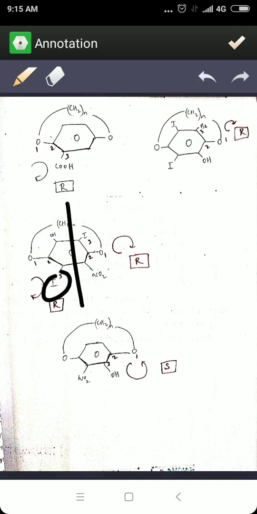So when you start numbering, first you identify the pilot atom, and then oxygen gets number 1, the carbon attached at the para position on oxygen gets number 2, and the third is going to be the iodine, which is attached to the meta position, because iodine has the highest priority. Hence the direction is going to be clockwise, and you're going to assign it the R configuration.